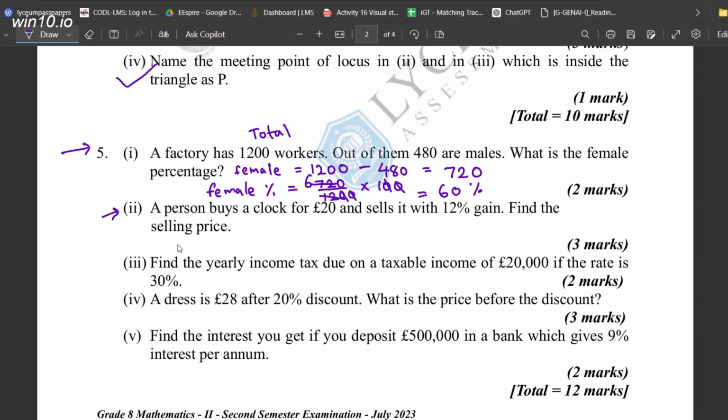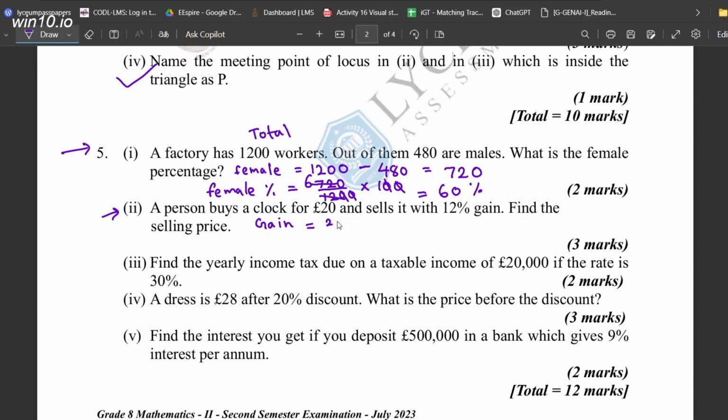Okay. Then the second one, a person buys a clock for 20 pounds and sells it again with 12% gain. Find the selling price. We can first find the gain. There are two methods. We can use the first method first. First method is we can find the gain first.